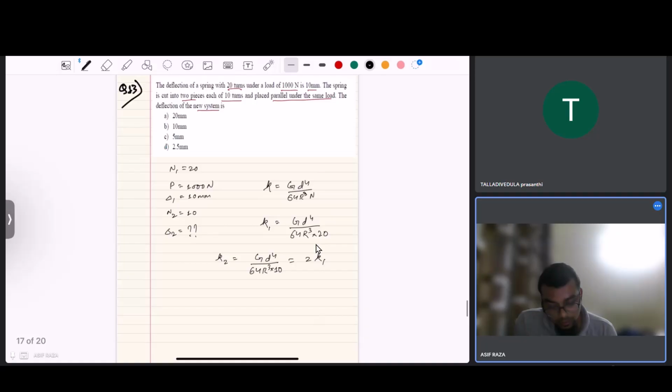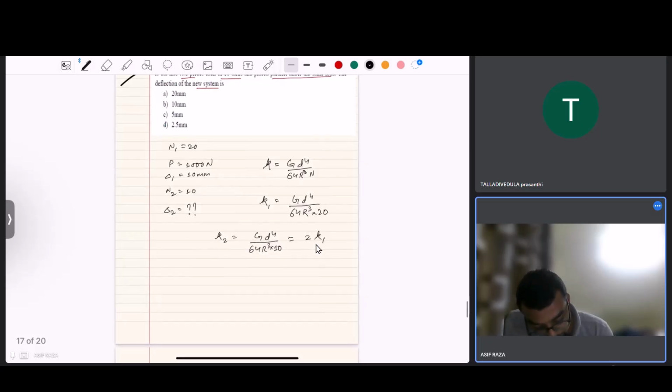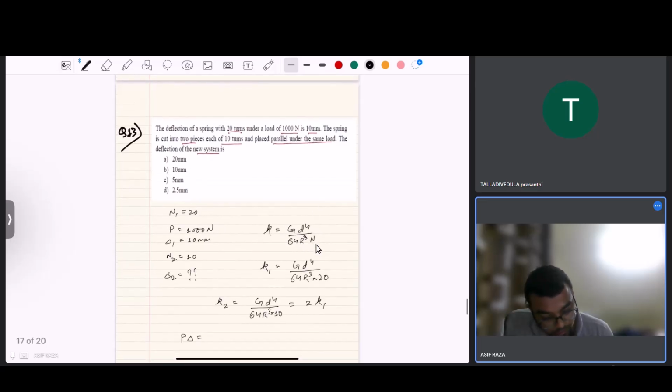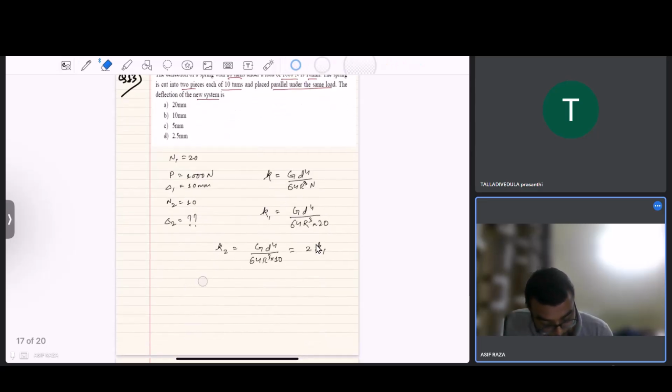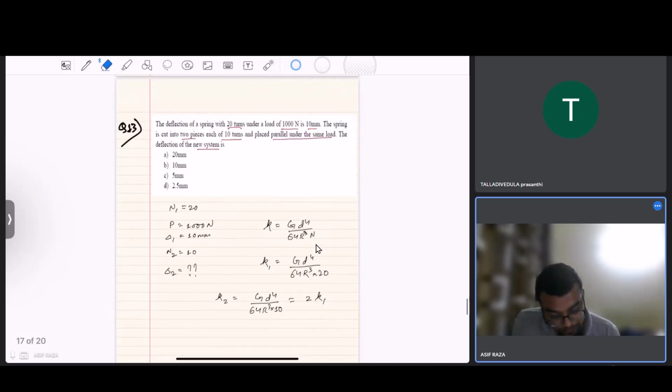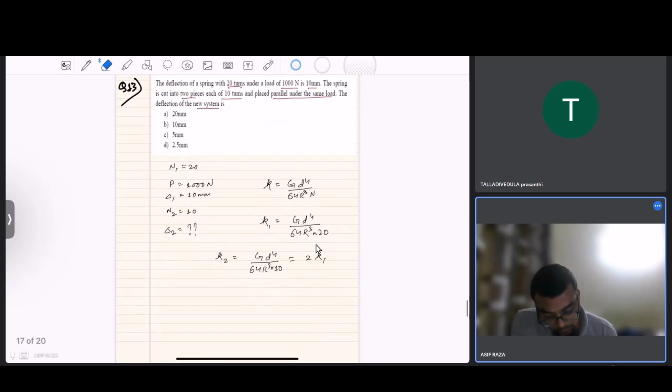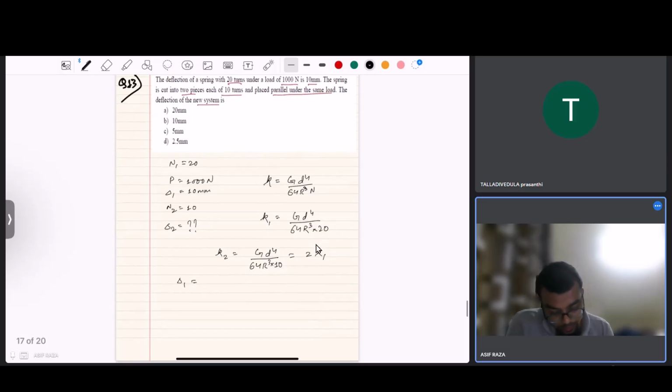Now earlier with 20 turns it was the load P and delta. Now I will use this the same.